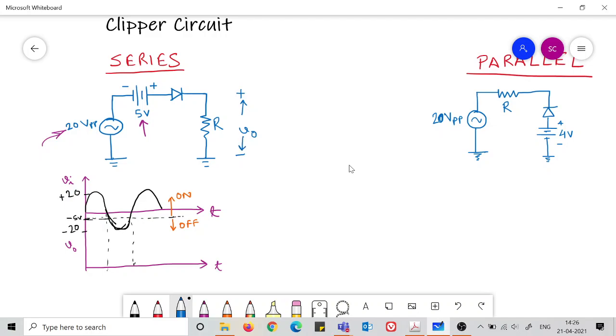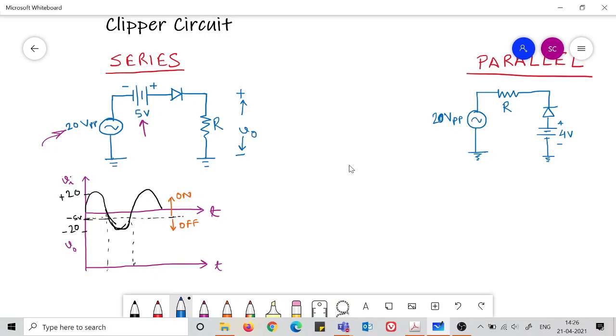And that is nothing but this entire region, because whatever voltage is in this side, that comes at the output. So the voltage in this side is this whole thing added with a 5 volts.